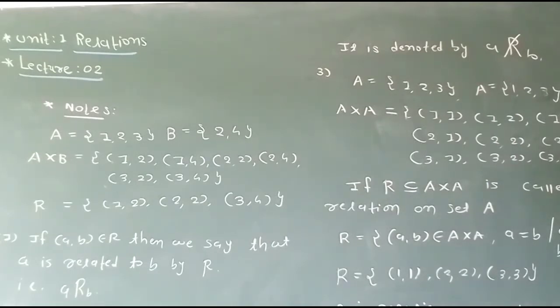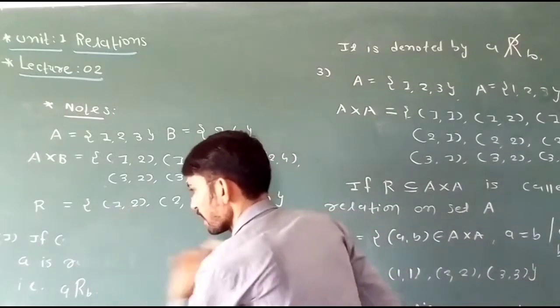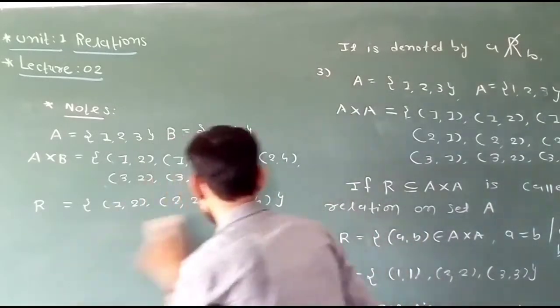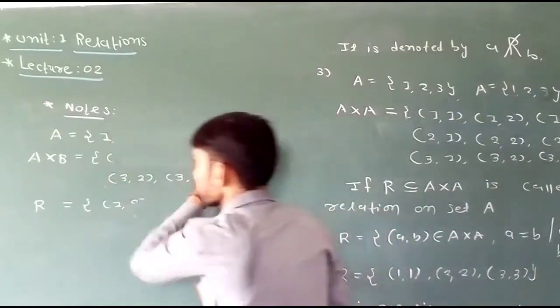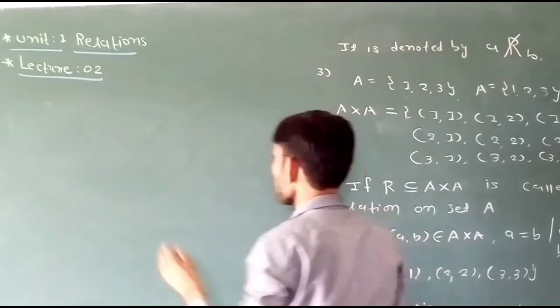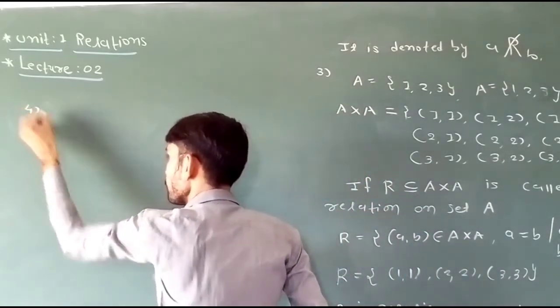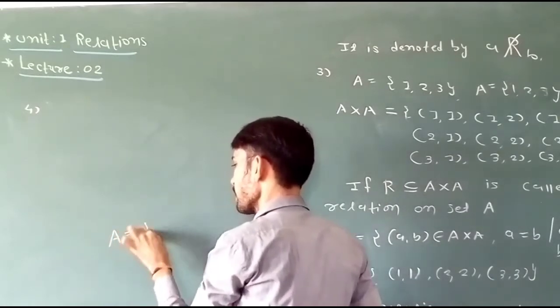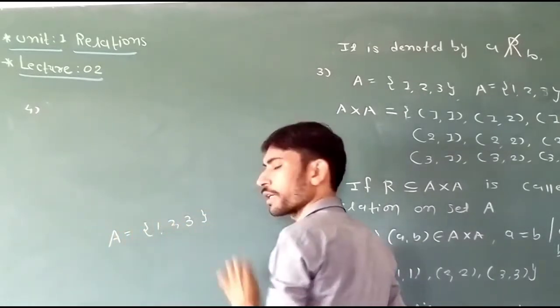Now we discuss our next note. As we already know, empty set is a subset of every set. મિત્રો જે નલ સેટ છે એ દરેક સેટનો શું થશે? સબસેટ થશે. So similarly here we read the fourth note. As we know, here we consider the set A is equal to 1 2 3.